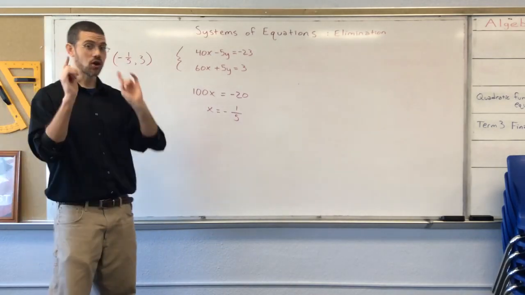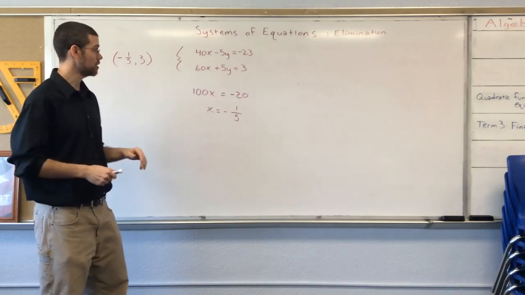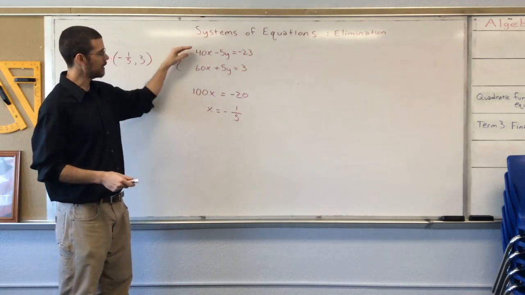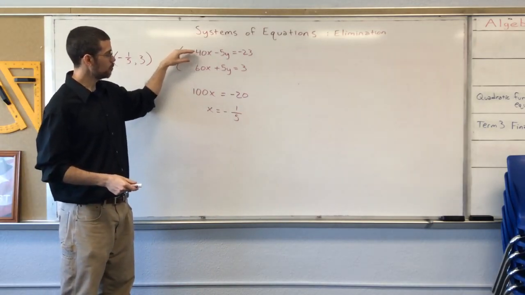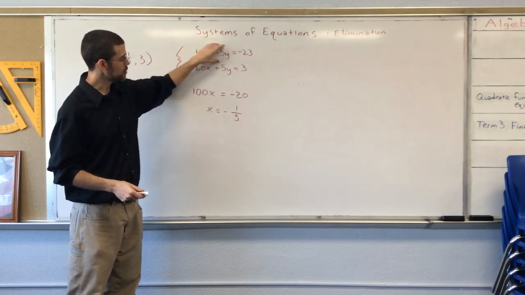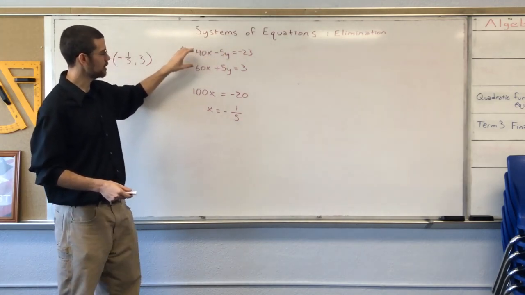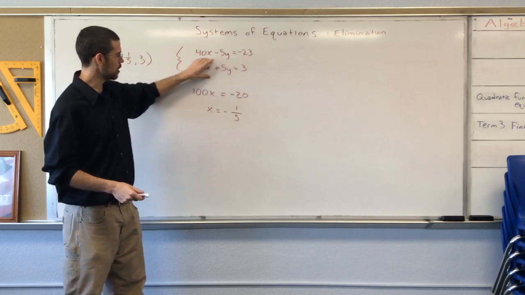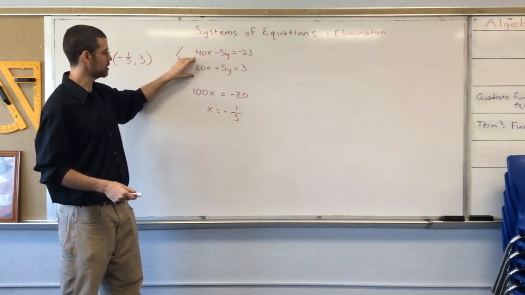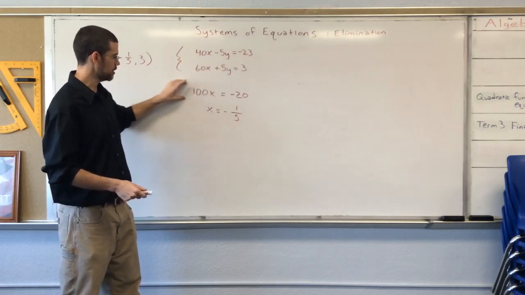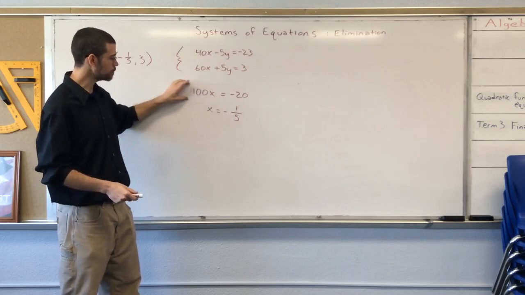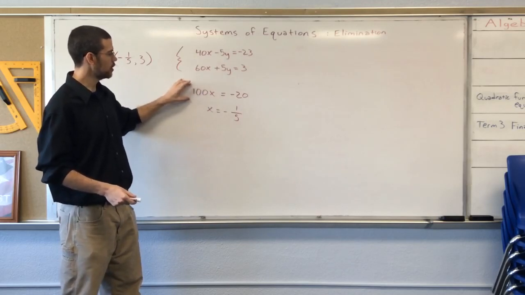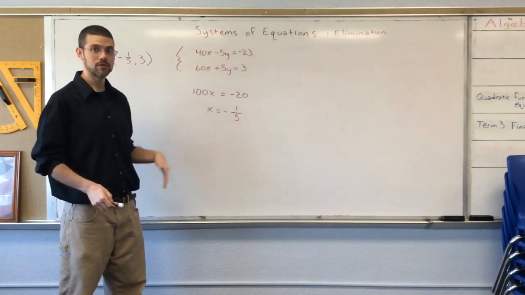Okay, so solving by elimination requires that when you add the expression on the left side of the equation and the expression on the left side of this second equation, you get a new equation, new expression, and that expression has eliminated one of the variables.